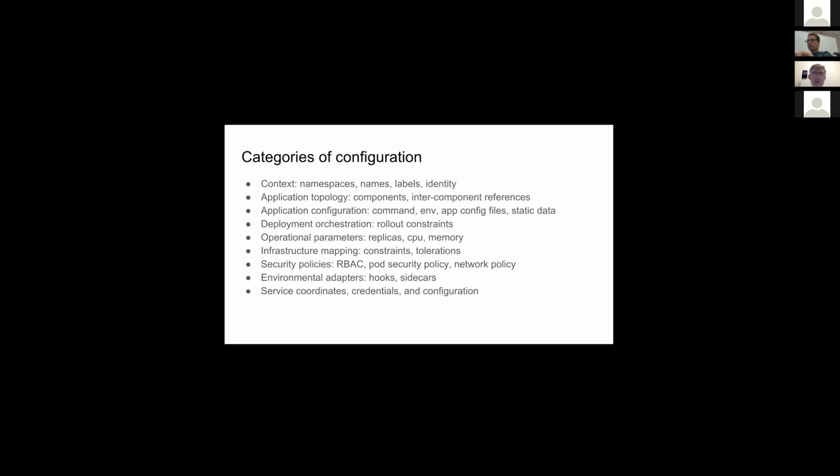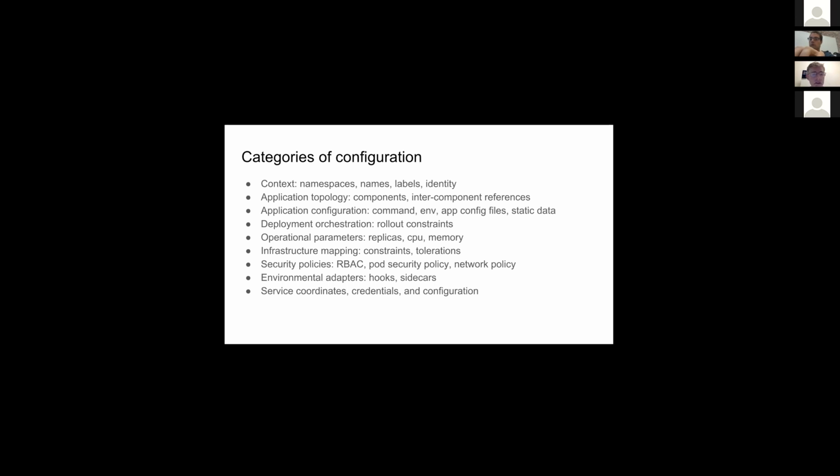Like the names and labels are the most prevalent example today, but also if people want to do dependency injection to change something about some of the components that are part of the application, or they want to customize additional parts of the application configuration, or change rollout constraints. Again, operational parameters like the number of replicas or the compute resources like CPU and memory very commonly need to be customized depending on the workload of the actual running instances.